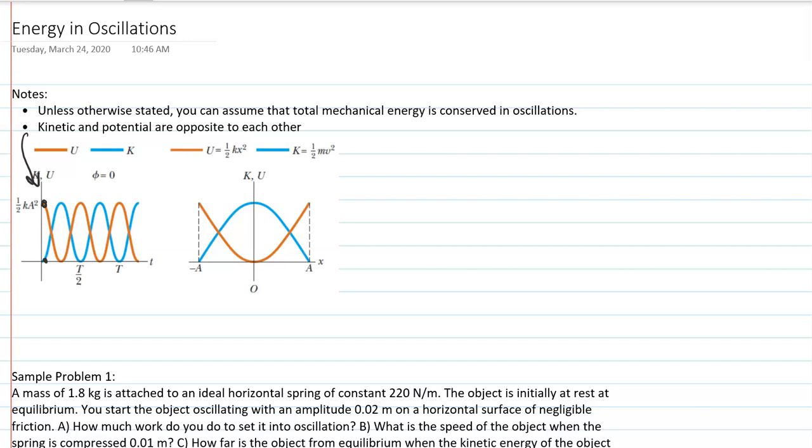And as the object gains more kinetic energy, it is losing potential energy. So whatever kinetic energy does, potential energy is doing the opposite. When potential energy is at a maximum, kinetic energy is at a minimum, and vice versa.